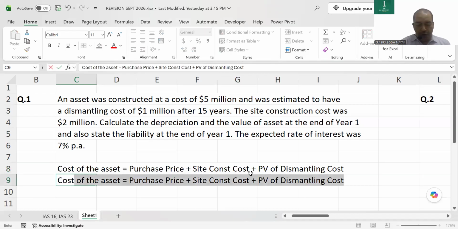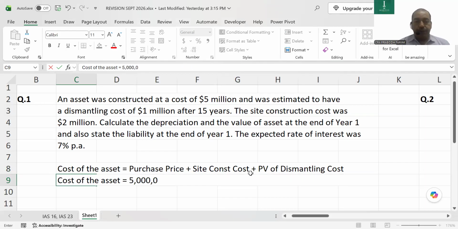So cost of the asset is equal to purchase price of the asset, which is $5 million, plus site construction cost $2 million, plus present value of the $1 million, which is going to be incurred after 15 years as dismantling cost.